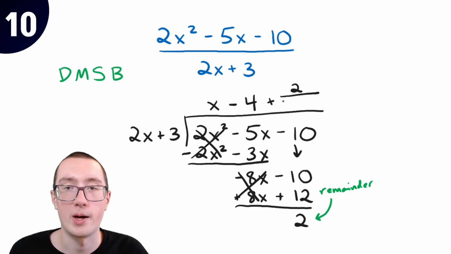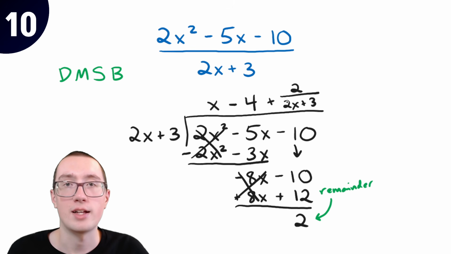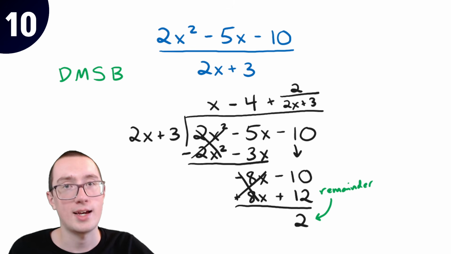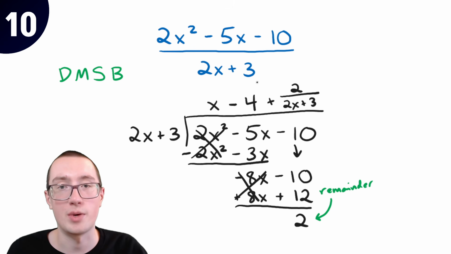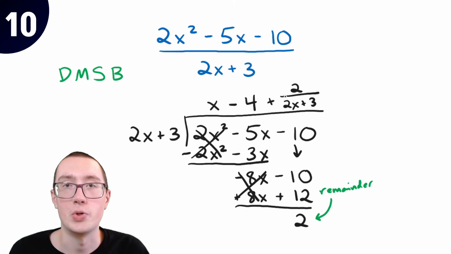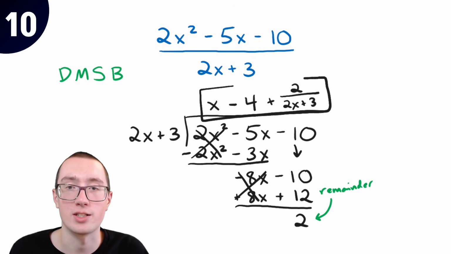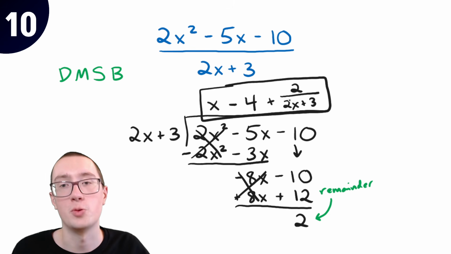So we have to divide it by 2x plus 3. And that's all you have to do with a remainder. You just attach it to the end and then divide it by whatever we divided by originally. But yeah, this part at the top here, whatever you have left here is going to be your final answer. So our final answer is x minus 4 plus 2 over 2x plus 3.